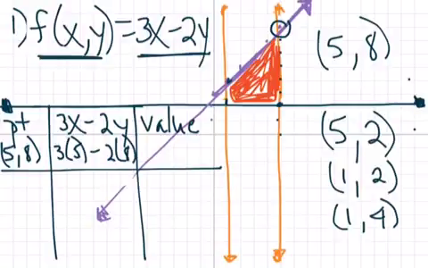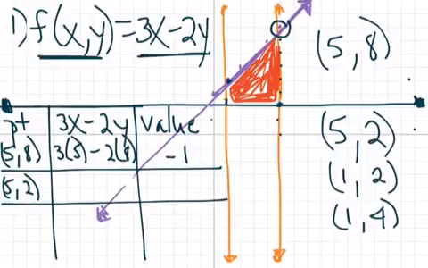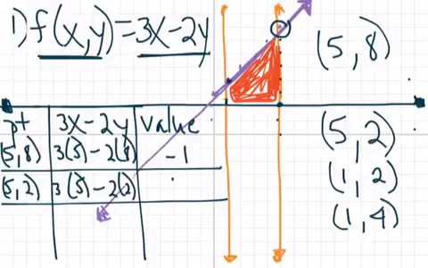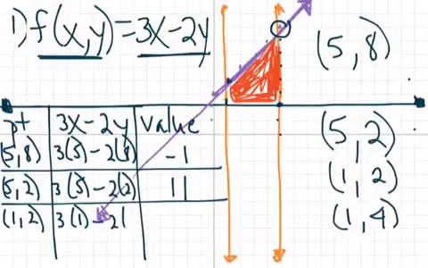So that's 15 minus 16 is a negative 1. The next point is 5, 2. So we'll put in 5 for x and 2 for y. So that's 15 minus 4 is 11. Then you'll have the point 1, 2. So we'll put 1 in for x and 2 in for y.